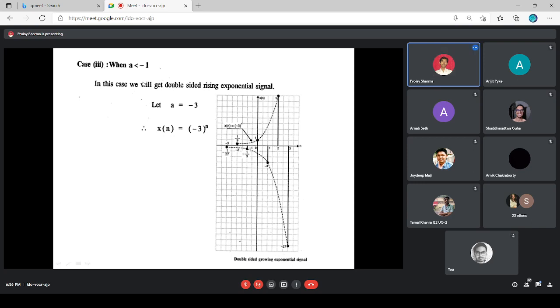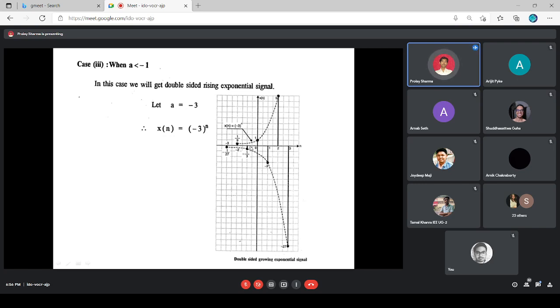Now here a is less than minus 1. Suppose we are assuming a equal to minus 3. So x[n] equal to minus 3 to the power n. For different values of n, when n equal to 0, amplitude is 1, n equal to 1, minus 3, n equal to 2, again a positive value 9, n equal to 3, again a negative value minus 27.